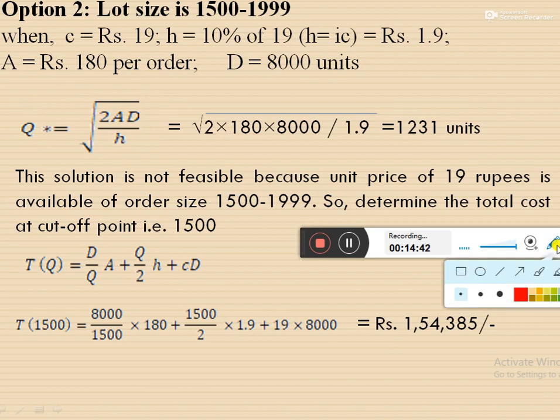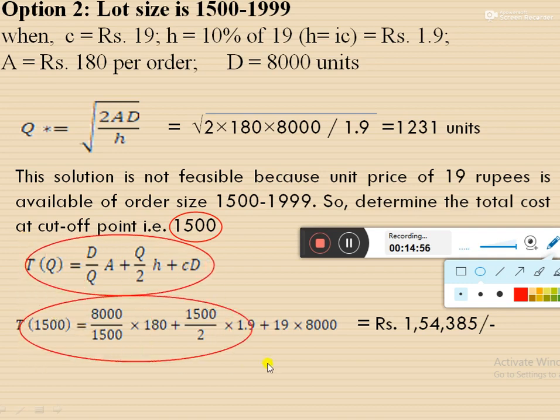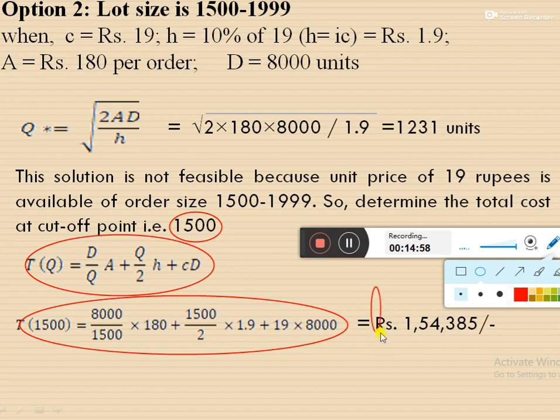So to calculate the total cost, we would consider 1500 as the economic order quantity. So by putting all the values in the formula, we would get the total cost that is equal to 1,54,385.